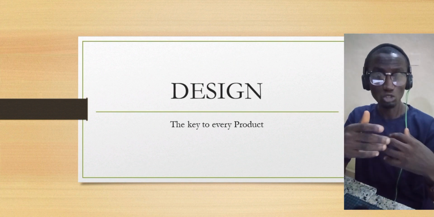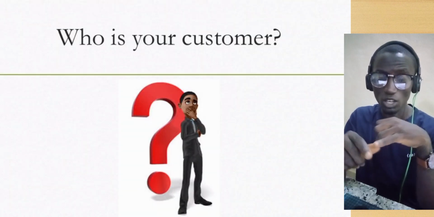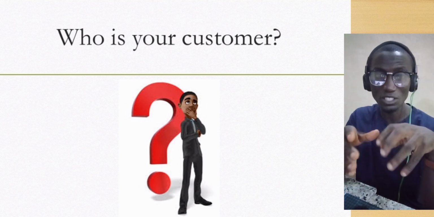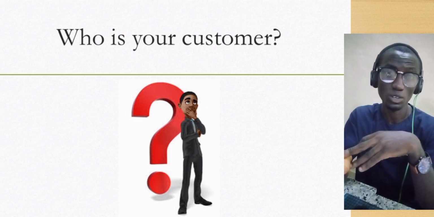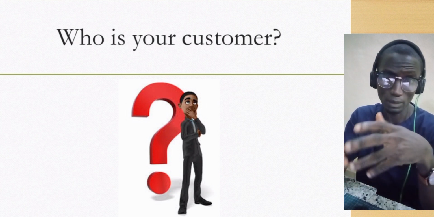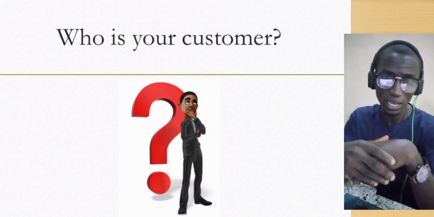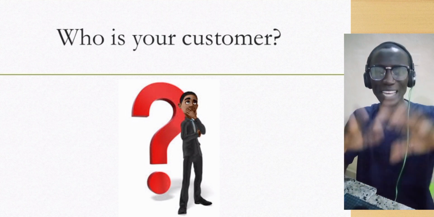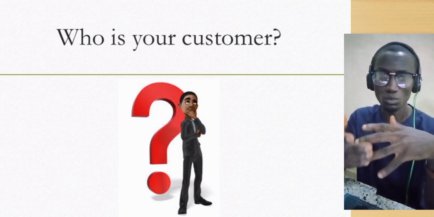Mind you, you don't just make the design, but you make the design with the targeted customer in mind. Who is your customer? The age range of your customers will guide you to the kind of shoe you make or the product you design and give out for sale. For example, if I have some old men in my community who are my target customers, and I started producing highly fashionable Bottega shoes to give to them, you know that that age range of people don't focus mostly on fashion.